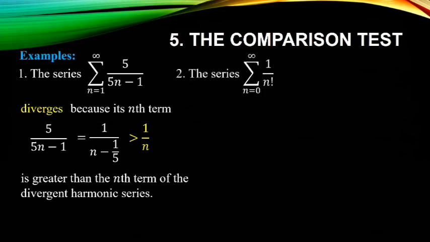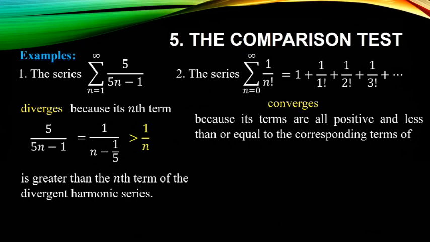Then number 2, the series of the summation of 1 over n factorial, where n starts from 0 to infinity. It converges because its terms are all positive and less than or equal to the corresponding terms of 1 plus the summation of 1 over 2 raised to n.